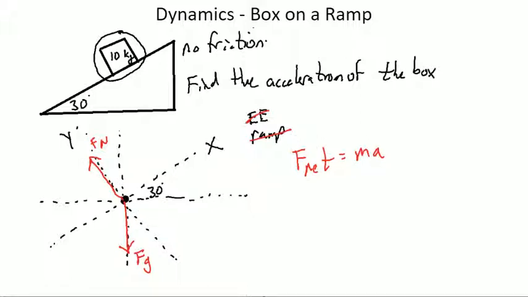So these being vectors, F net equals ma isn't one equation. We always treat motion directionally. We do vectors one component at a time. So we know that F net in the x direction is ma in the x direction, and F net in the y direction is equal to ma in the y direction.